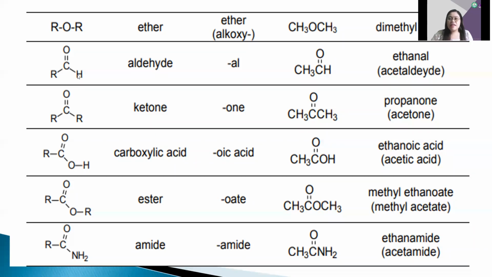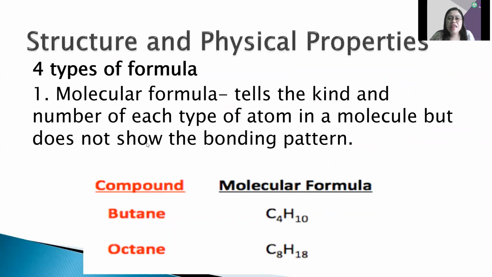Even if the R is substituted by any group, since that is what R represents, you should know it is an aldehyde. When you see COOH, even if the R is substituted by any functional group, you should identify that the compound is a carboxylic acid. That will be our quiz and exam.